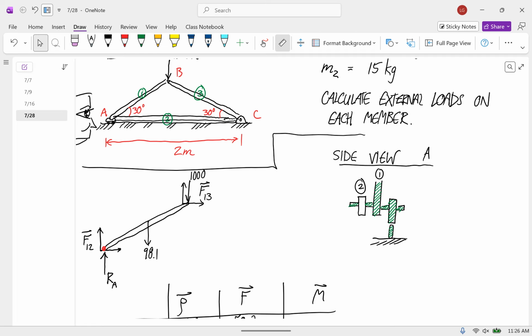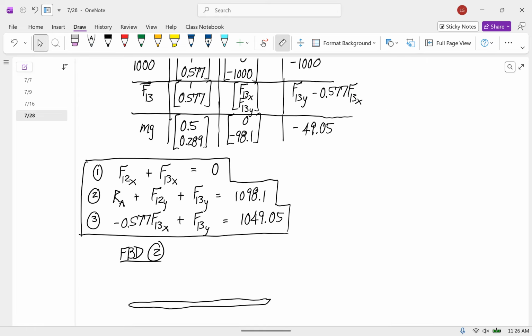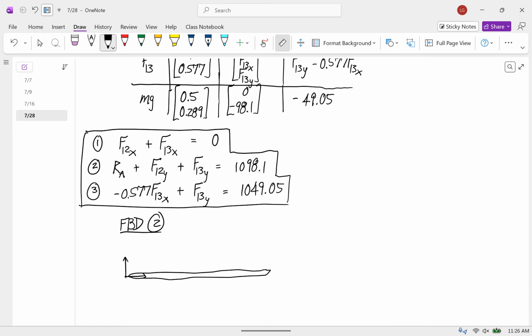Member 2 does touch member 1, through a pin joint. So there is going to be an unknown force vector on 2 by 1. I'm going to reduce the number of variables by calling that negative force on 1 by 2.